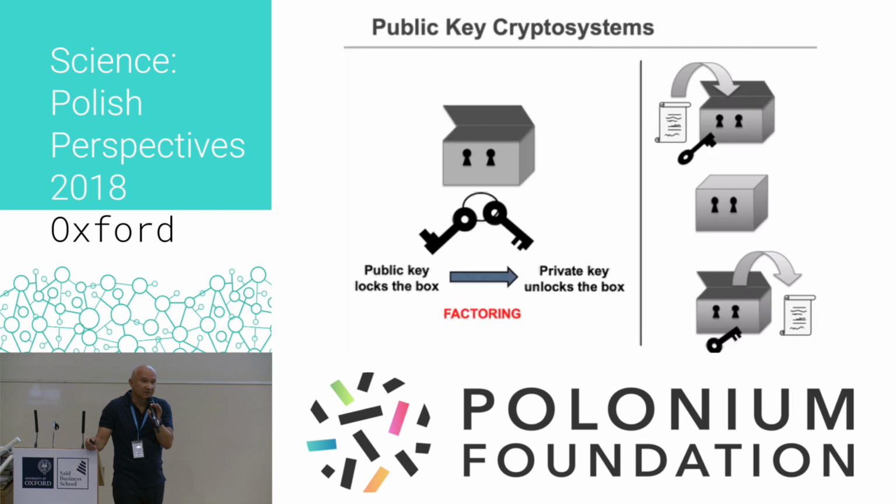Now, you may ask a valid question at this point: obviously, those are not two random keys. If those are two sequences of numbers, the public key and the private key are somehow related to each other, right? They have to be. It's not that any random choice would do. And a good question to ask is, knowing how the system works and knowing the public key, is it possible to reconstruct the private key?